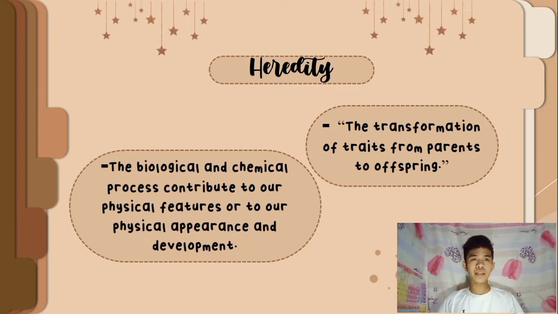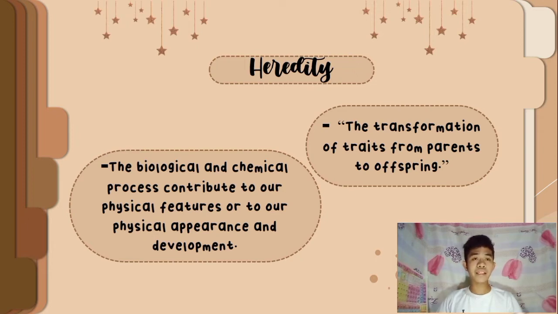It's just like your eyes, your nose, and your skin color. If some features or characteristics you get from your mother, it doesn't mean that you did not get any features or characteristics from your father.